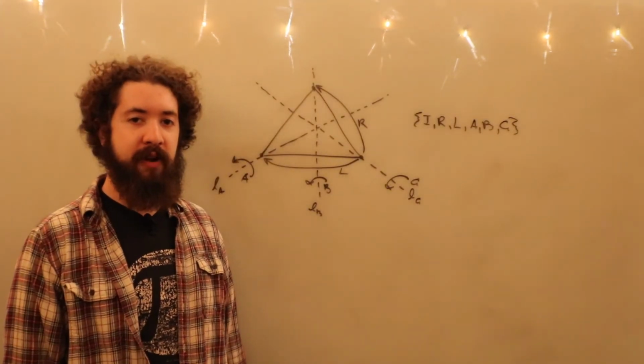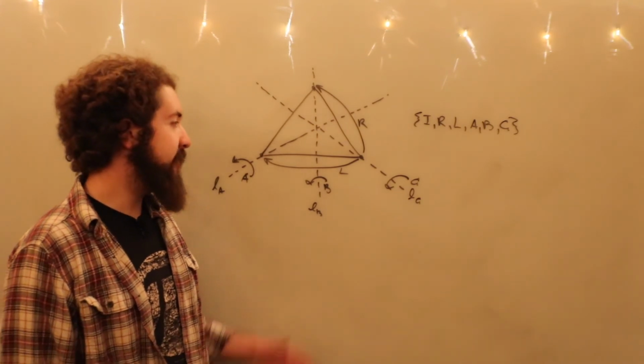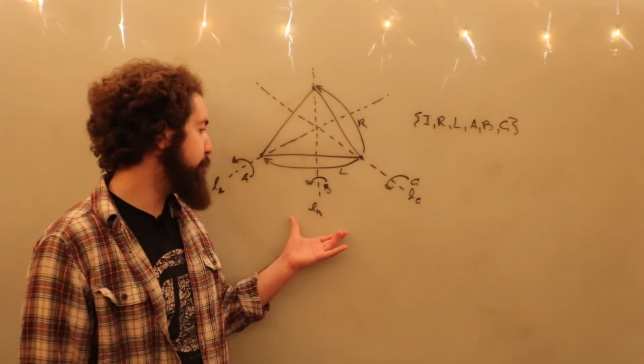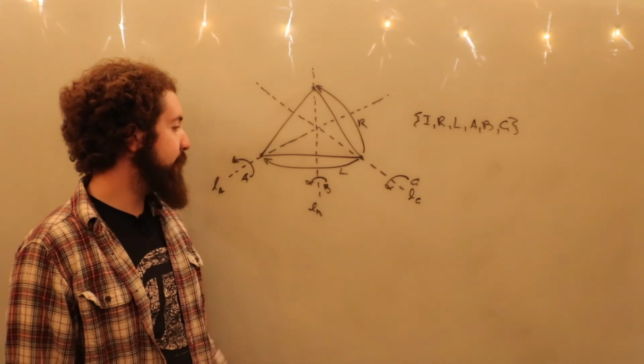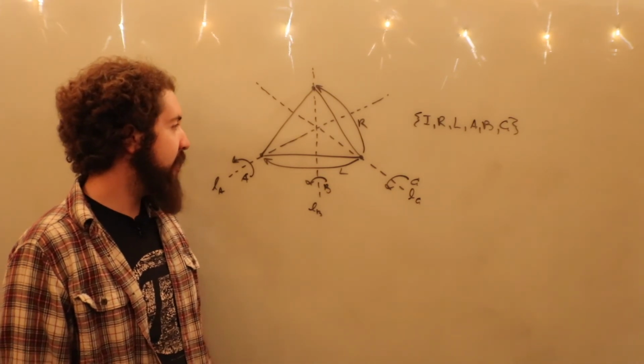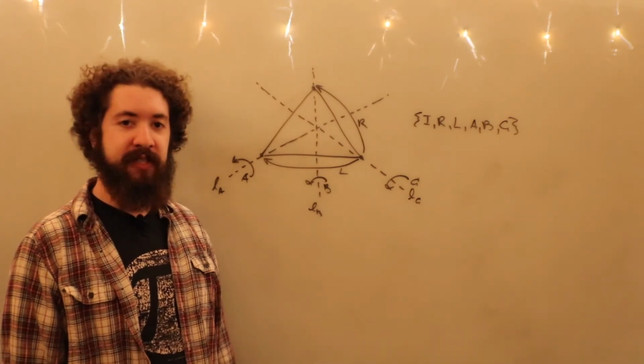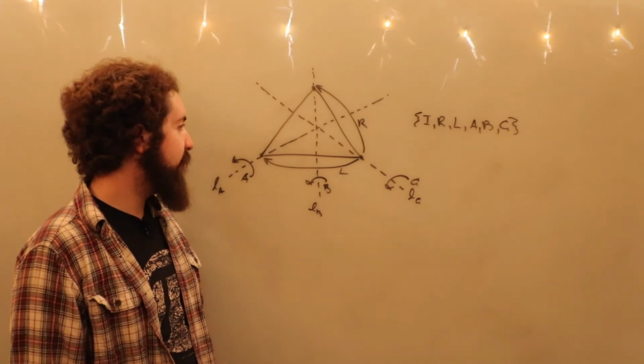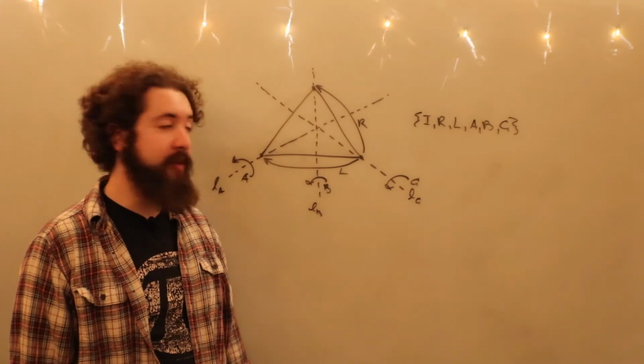So the first way to characterize D3 is as a group of symmetries, right? So this is exactly the example I gave in the first video, and I'm trying to keep notation that is relatively consistent, even if maybe not used conventionally.